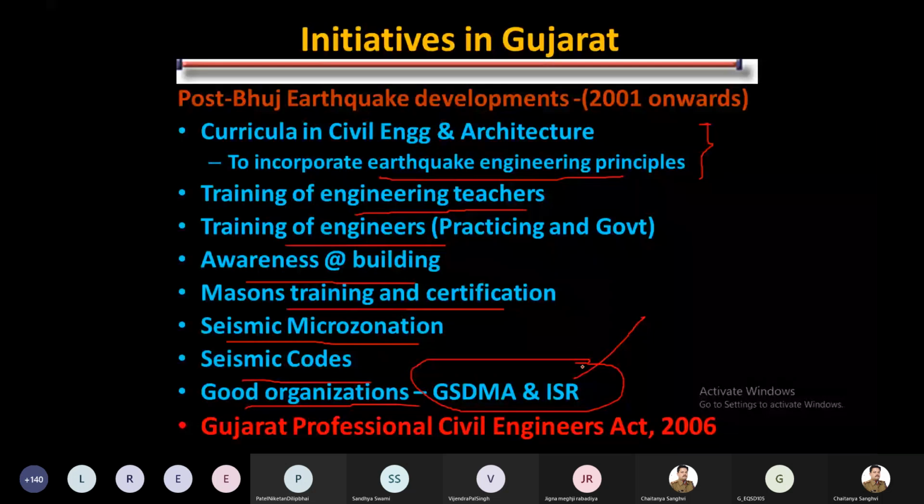Now, what is the GSDMA doing? The GSDMA is the authority which tries to manage earthquakes, and the ISR, the Institute of Seismological Research, is actually observing the earthquakes in Gujarat. ISR has placed broadband seismometers all across Gujarat, with the maximum placed in the Kutch region, and the whole of Gujarat is covered, and they are monitoring from Gandhinagar, right?